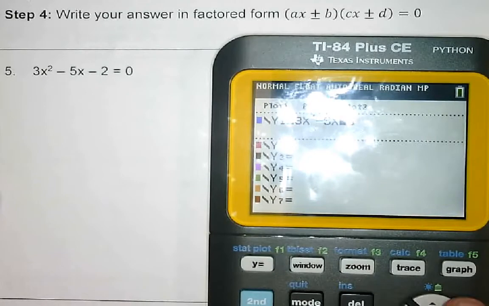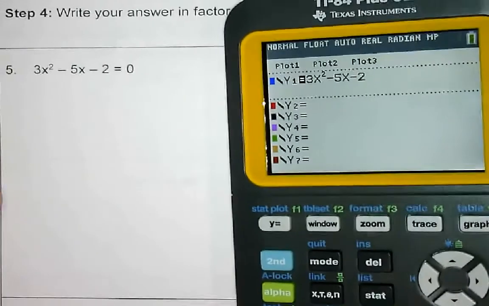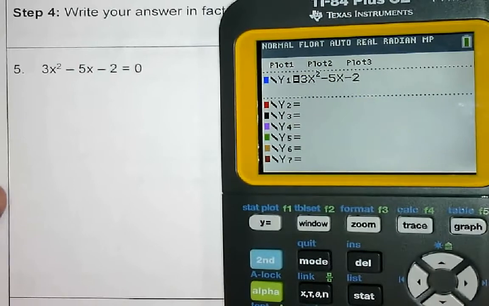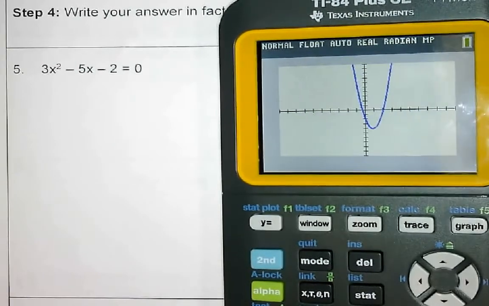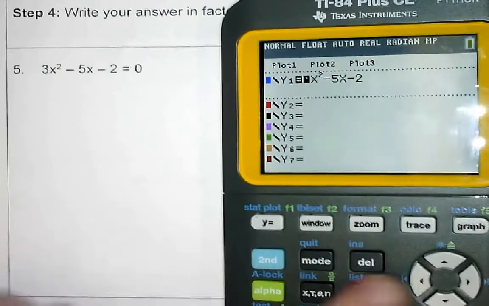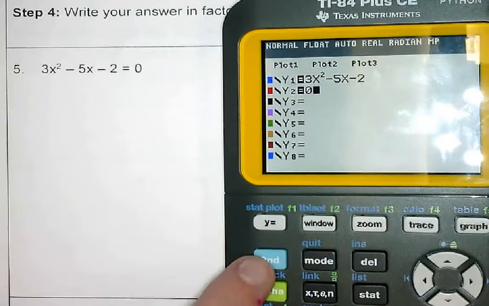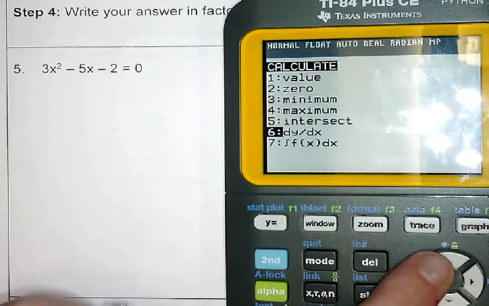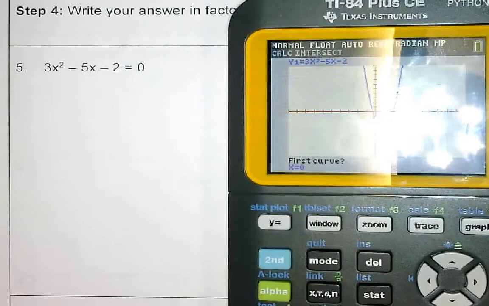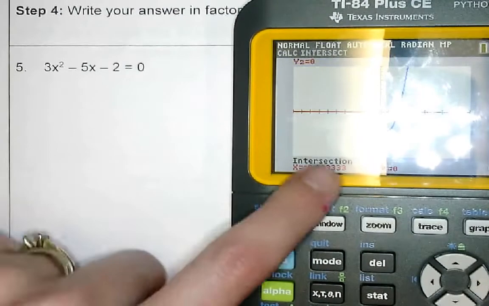So I'm going to go back to my y equals and type in y2 equals 0, and then calculate my intersection. First curve, second curve. My intersection says it's at negative 0.33333333 repeating. So one of my solutions from the calculator is negative 0.333333 repeating.